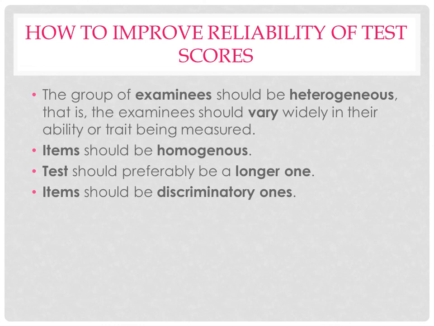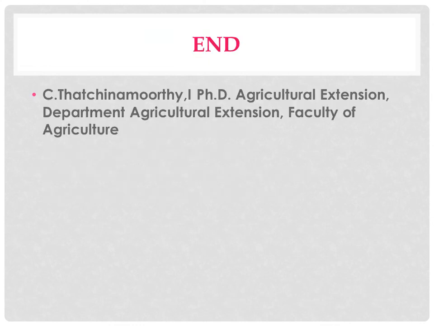So there are items that are easy, there are items that are difficult, and also there are items that are hard. So for you to attain a good reliability, the items should be discriminatory to each other as well.